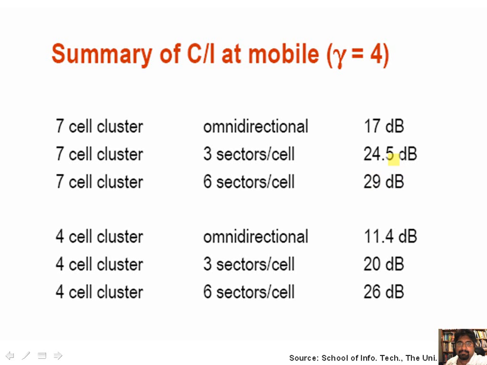Now I didn't want to go through the mathematics of the derivation of this, but if you look at any standard text, they will show you how if you have a 7-cell cluster with 6 sectors per cell, you can achieve a carrier to interference ratio of 29 dB. And with a 4-cell cluster with 6 sectors per cell, you can achieve a carrier to interference ratio of 26 dB. So essentially by having this sector concept, you can obtain a better carrier to interference ratio.